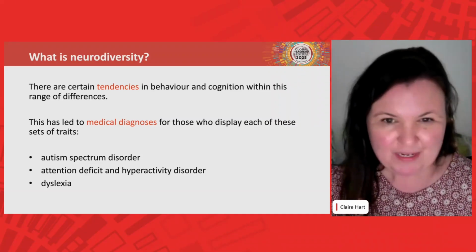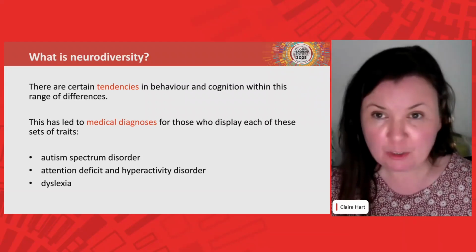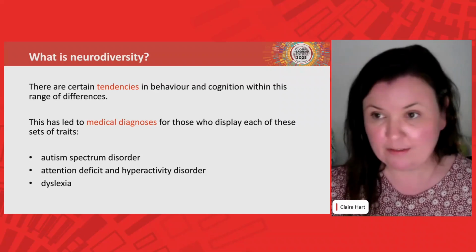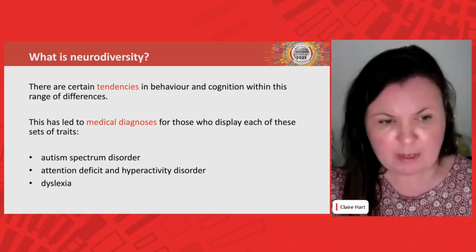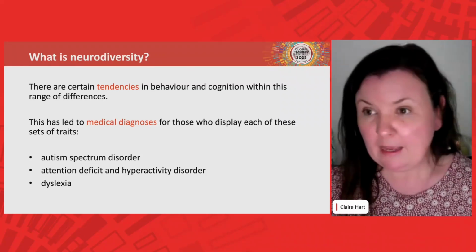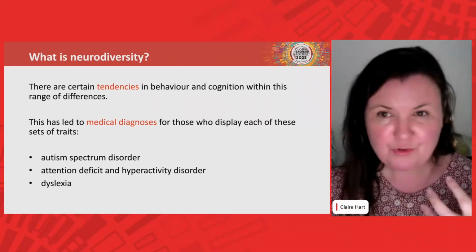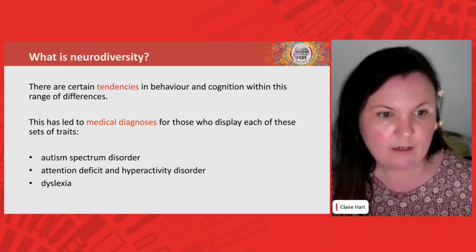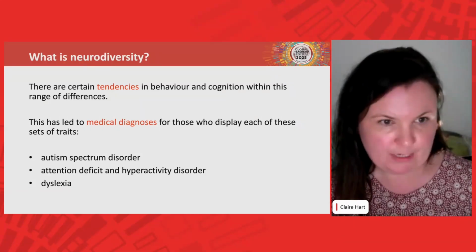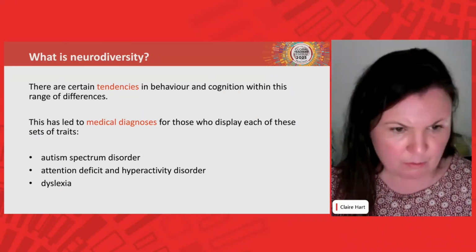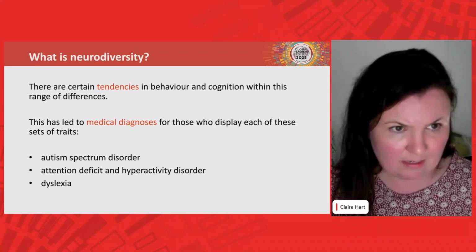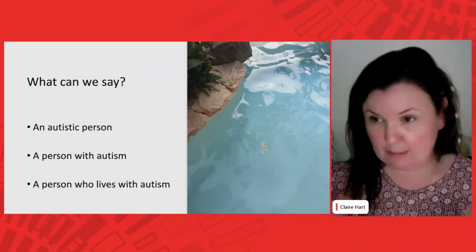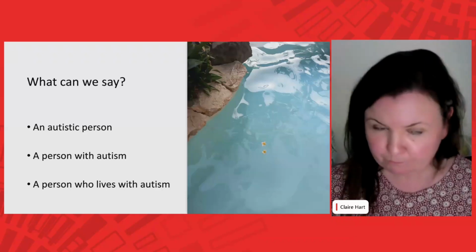So you have to be a little bit careful with the terminology you use here, so as not to offend anyone. Terminology is important, but everyone will have different perspectives on what terminology they want to use for themselves. So it is okay to say an autistic person, I am autistic.